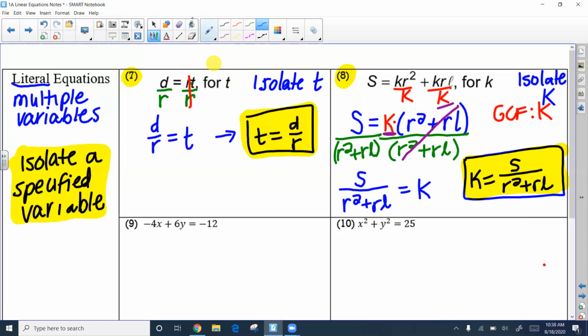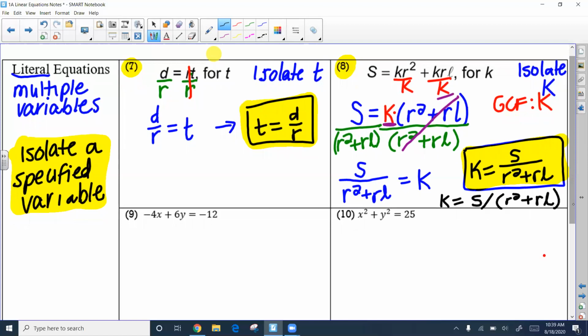If you were typing this to me though, you would have to use parentheses. So S divided by, and then you would want R squared plus RL in parentheses. That way you can tell that the S is the only thing in the numerator and the R squared plus RL is in the denominator. Because when you're typing it, it's much harder to tell which part is which.